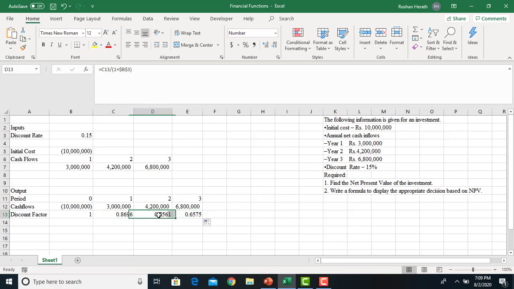So there it comes: 0.7561, 0.6575. This is simply the applicable discount rate for the period. Now we can take the discounted cash flow.